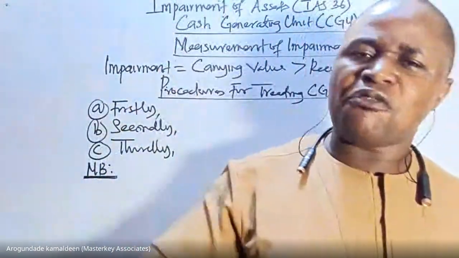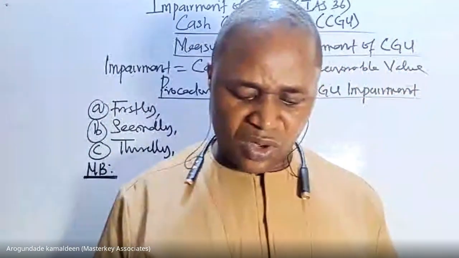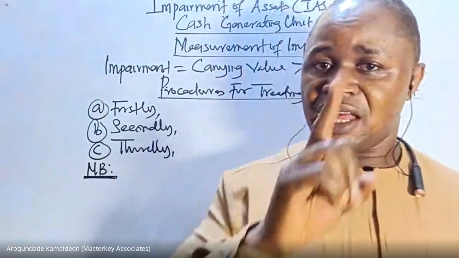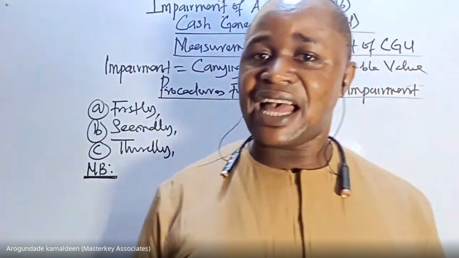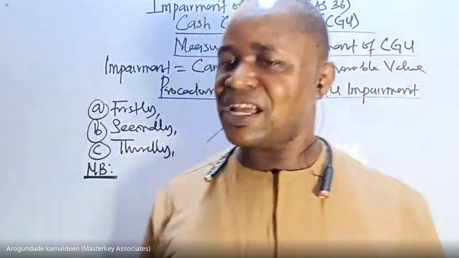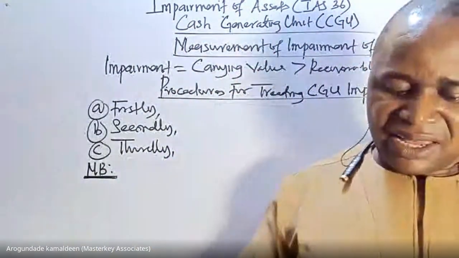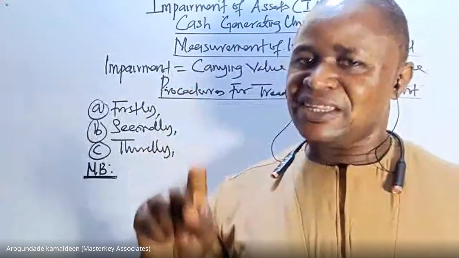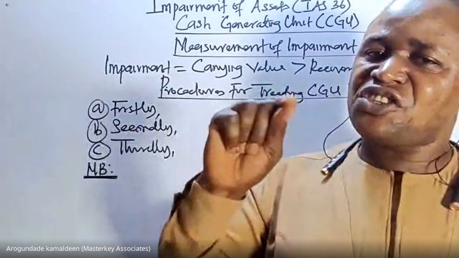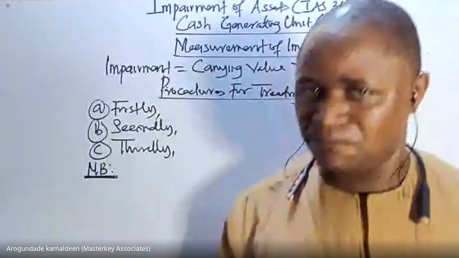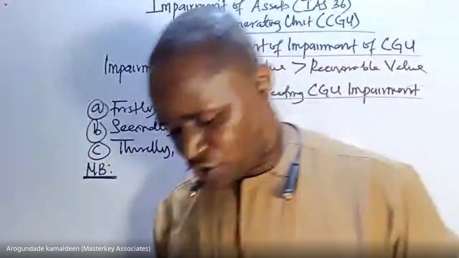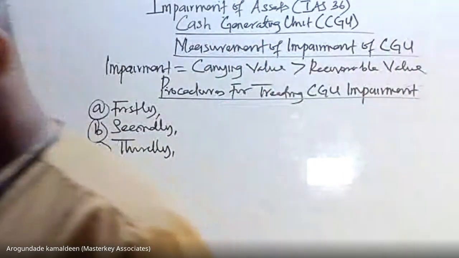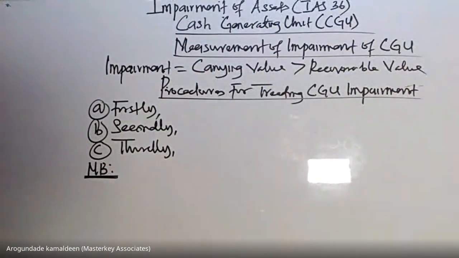So when you have monetary assets in the CGU, it is a time bomb. Do not allocate to them, except the examiner expressly asks you to do so. Is that clear? So this is what you are going to do.